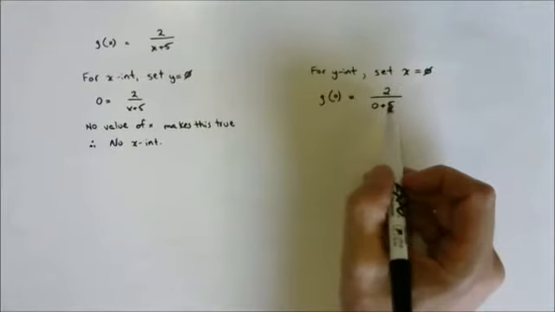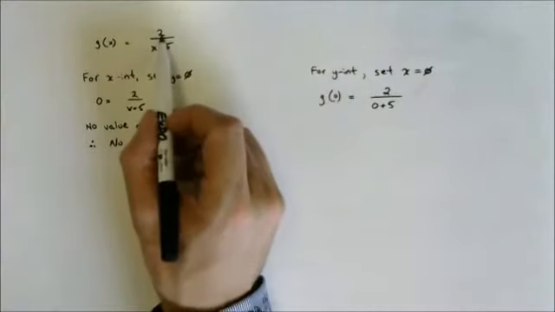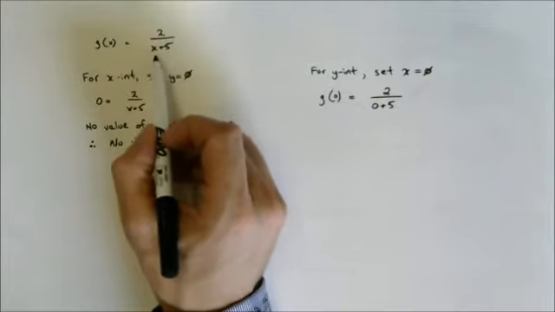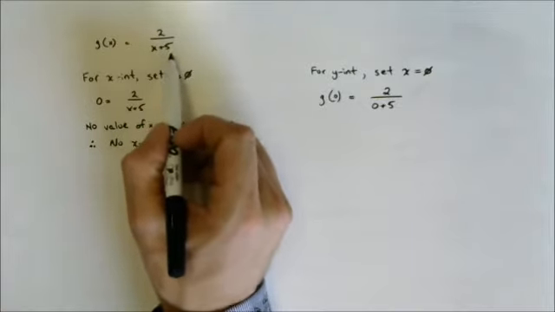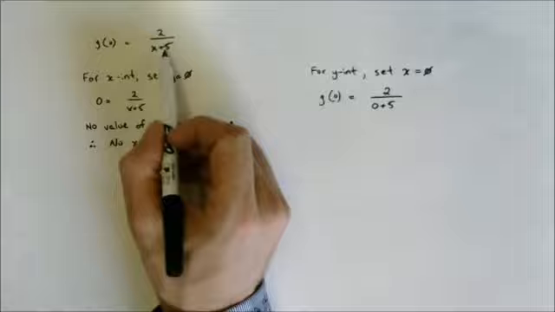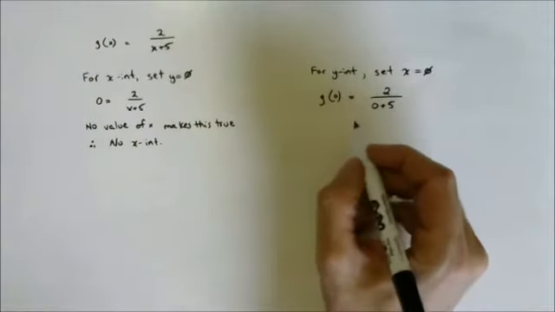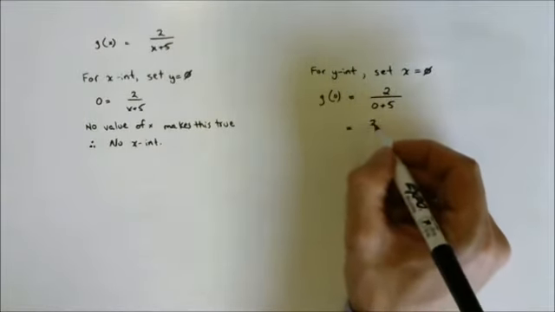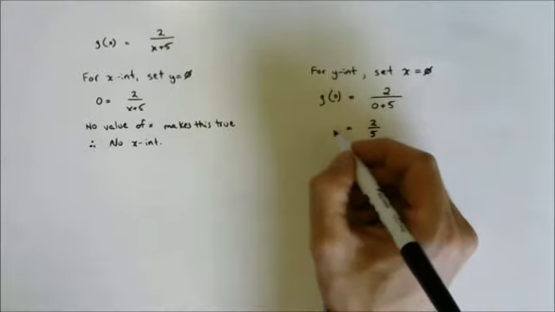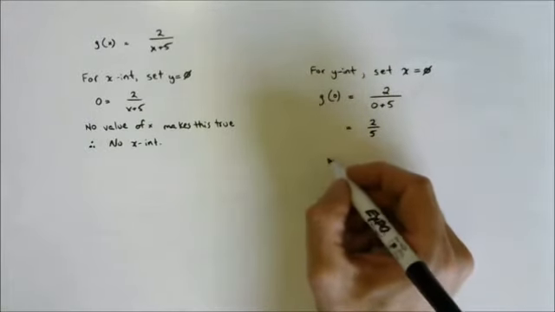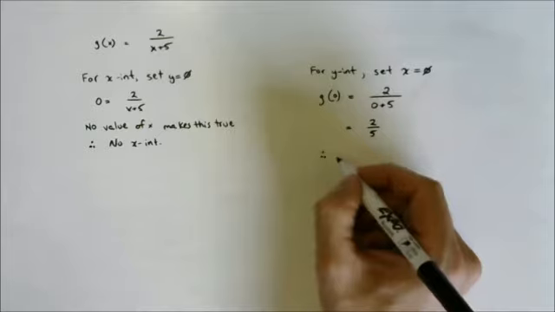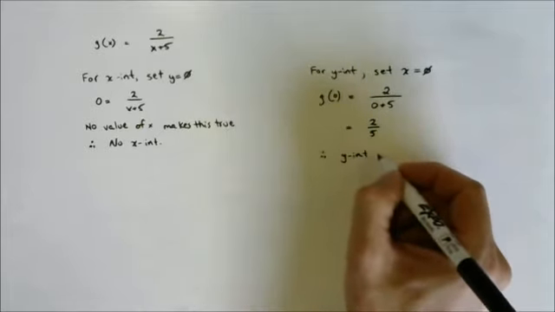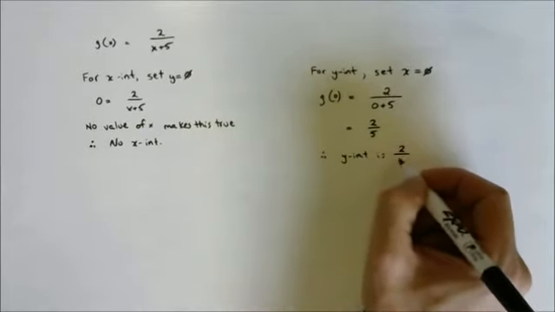So you're noticing already how the value in the numerator and the constant added to the x in the denominator can affect the y-intercept. So here we go. This is 2 over 5. Therefore, y-intercept is 2 over 5.